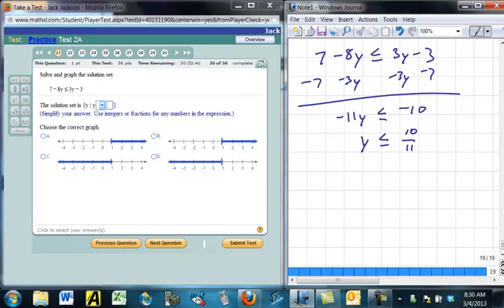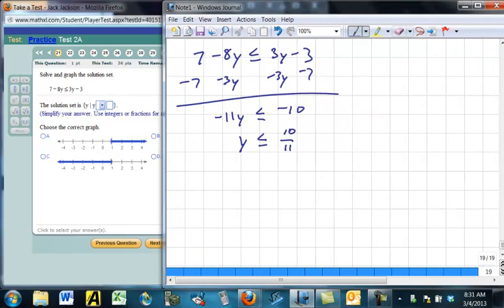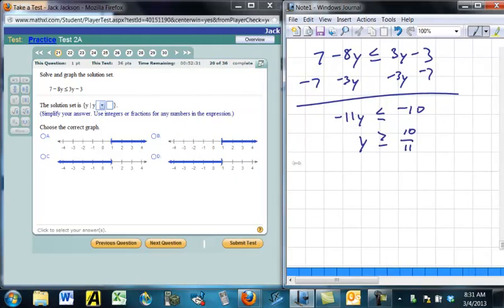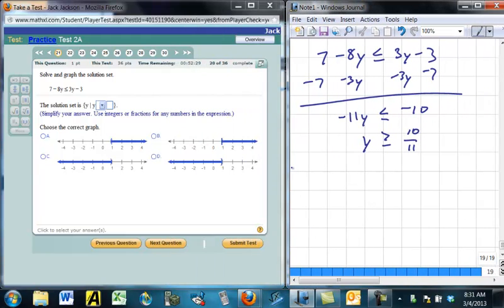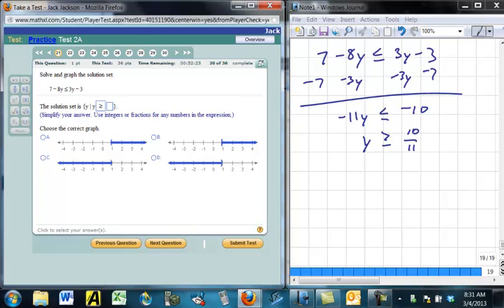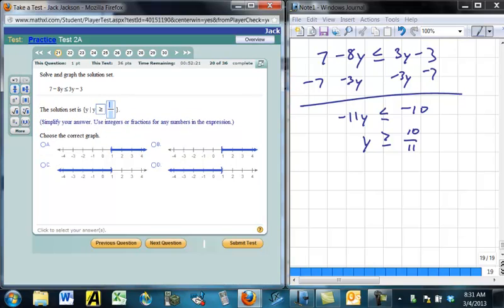Okay. No, what did I forget to do? Okay, be careful. When I divide by a negative, it switches direction. Okay, but we'll check that in the end anyway. So y is actually greater than or equal to 10/11.